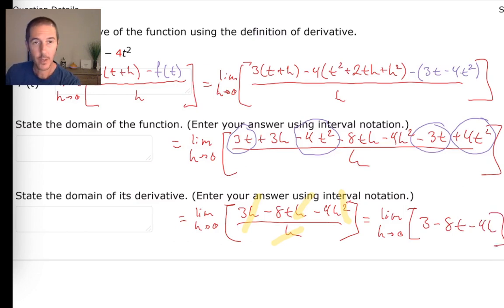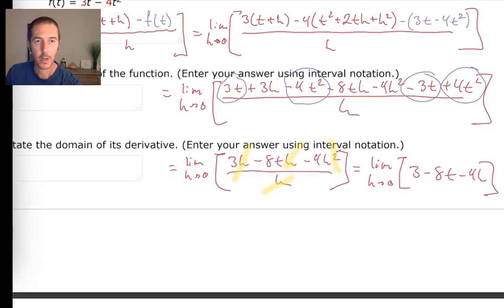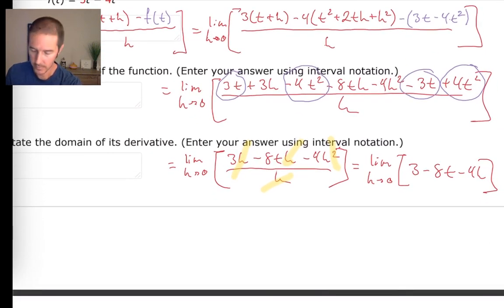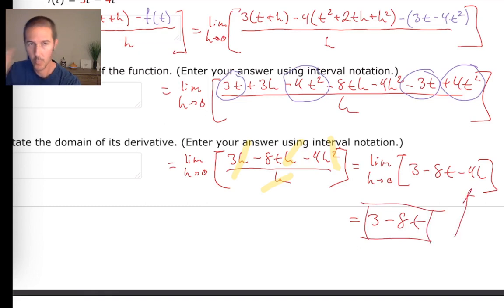Now we can finally apply the limit. It's a polynomial, so we can use direct substitution and say that our first derivative, f prime of t, is equal to 3 minus 8t, because this term became 0 when we plugged in an h value of 0.